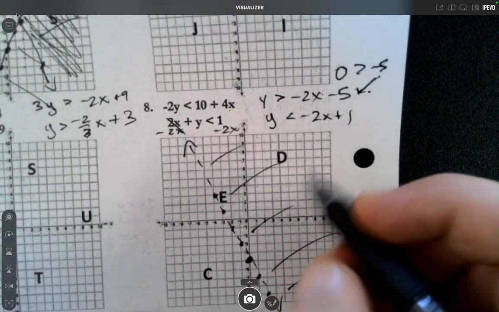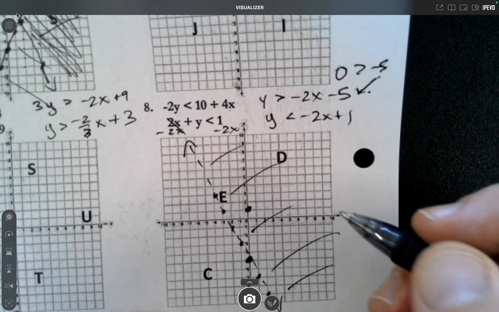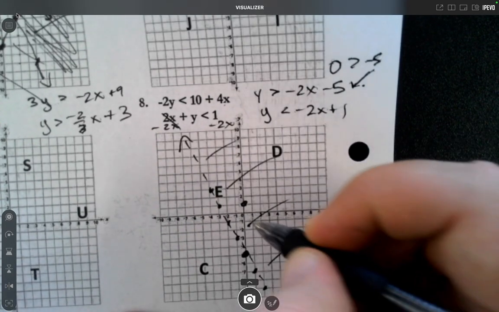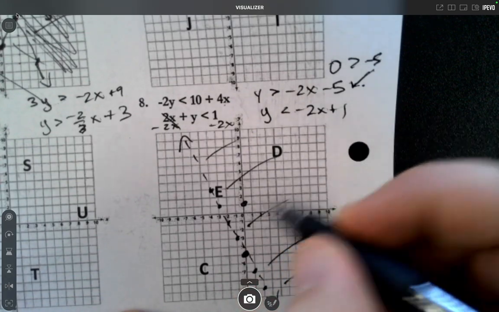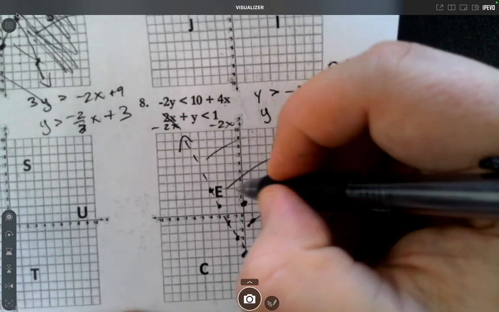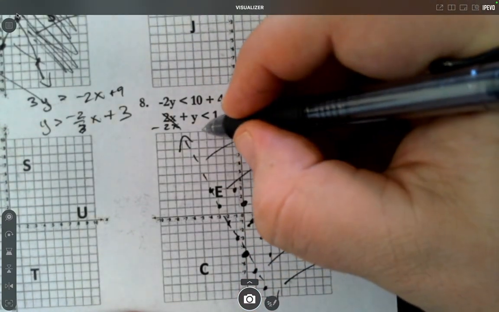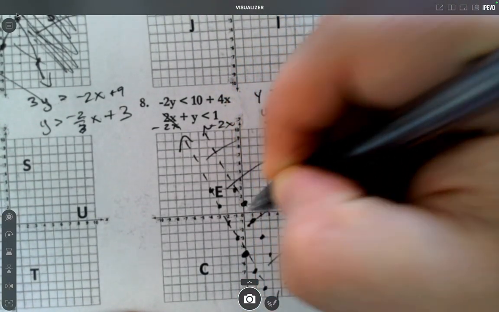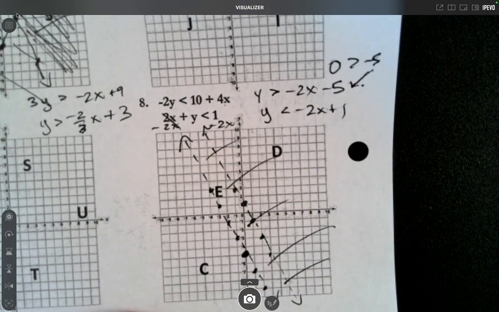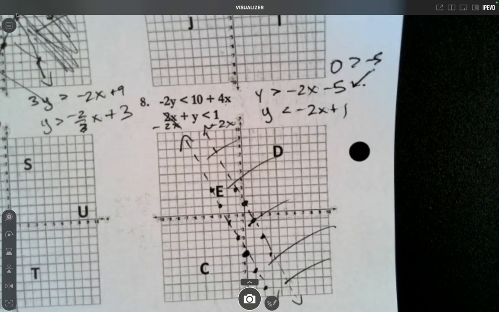Check. This one has a y-intercept of 2. My word, I must be tired. There's a y-intercept of 1, which I did put in the right place. The slope is negative 2, so we go down 2 over 1, up to the left 1. And these end up being parallel lines. Now, if we were talking about equations, we'd say there's no solution, they never touch.